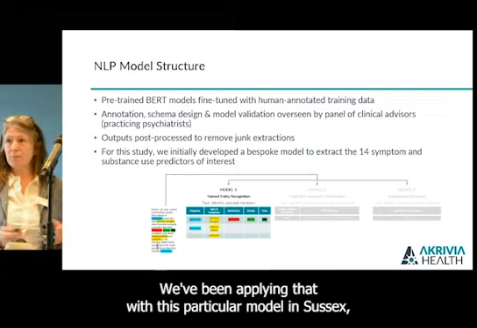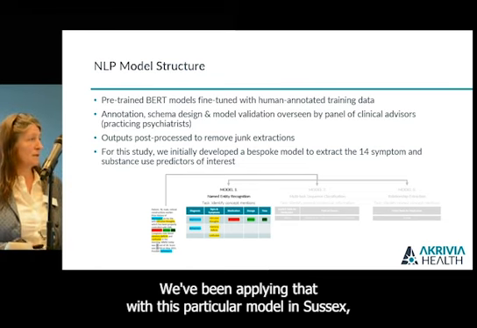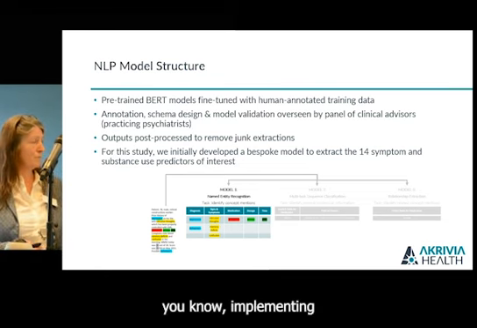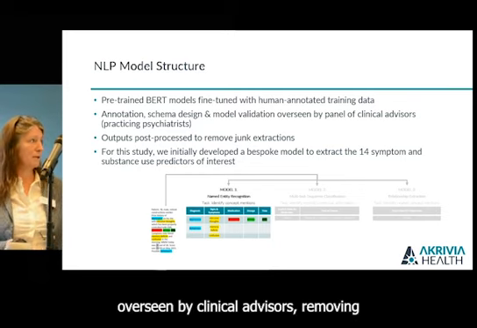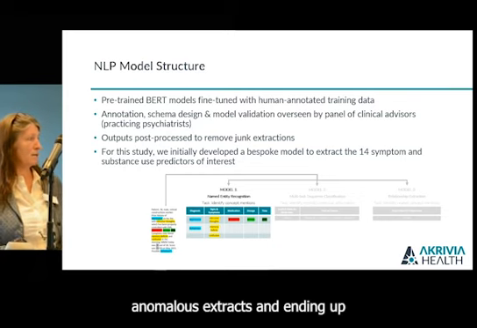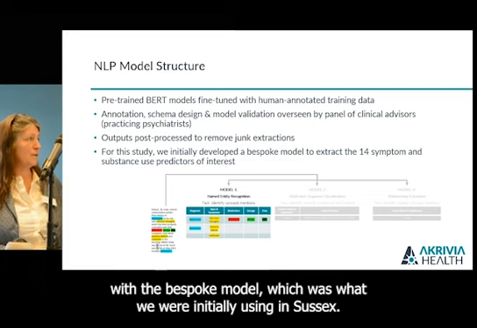We've been applying that with this particular model in Sussex, implementing the models, fine-tuning them with human annotation, overseen by clinical advisors, removing anomalous extracts, and ending up with the bespoke model, which was what we were initially using in Sussex.